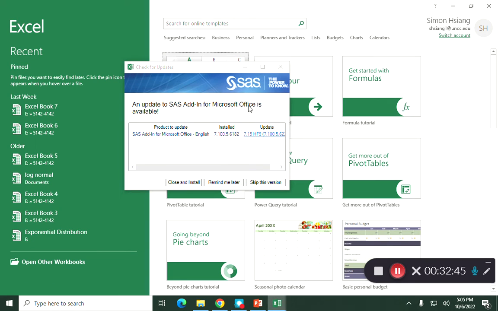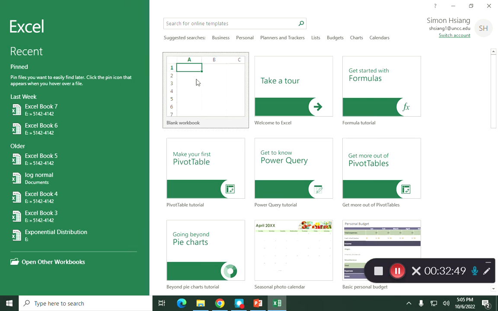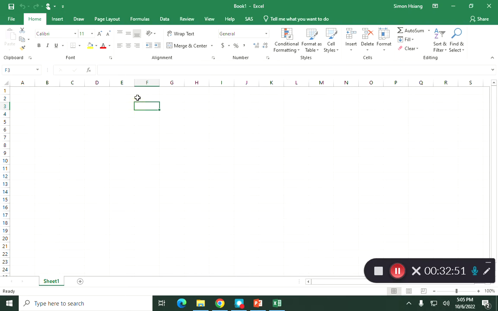And update SAS microbes. Let's do it differently first. Okay, z-score and phi.